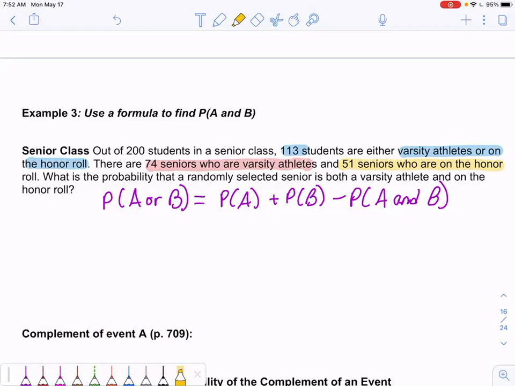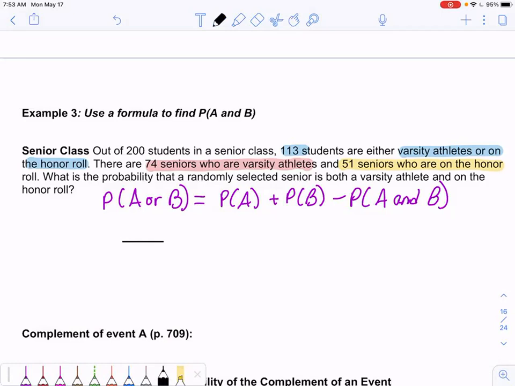How many students does that apply to? So looking at that first sentence again, 113 students are either varsity athletes or on the honor roll. Gabby, where does that piece of information go? How many total students are we talking about?